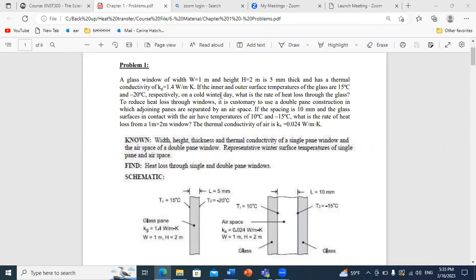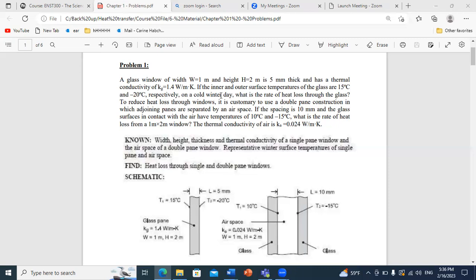This problem is involving one of the main modes of heat transfer, which is conduction. And it is a very important application in the construction field because whenever we want to select windows, we should take care of the insulation level of the windows, the conductive properties of the glass, if we have single glazing or double glazing.